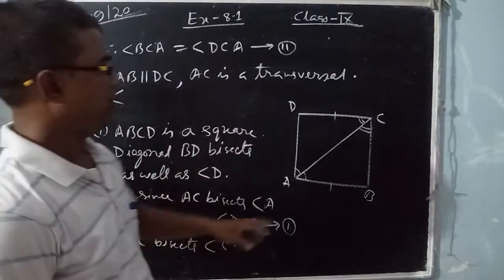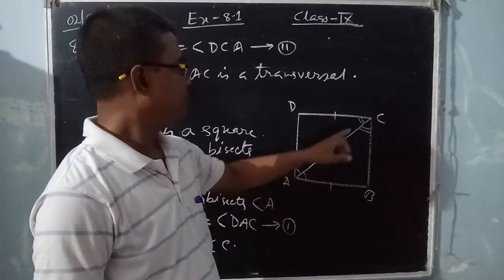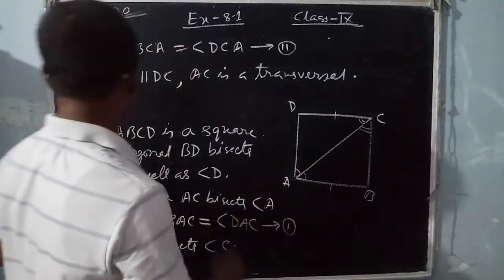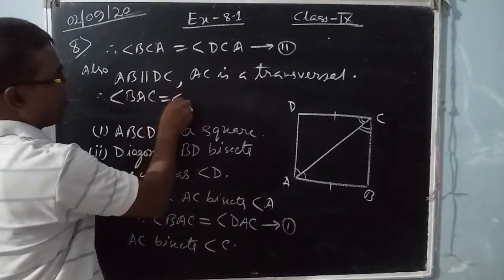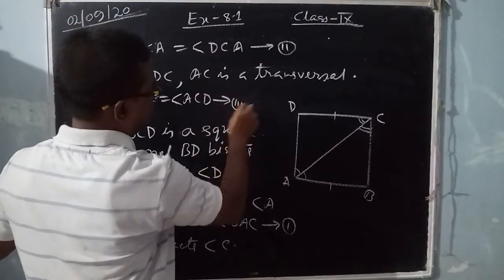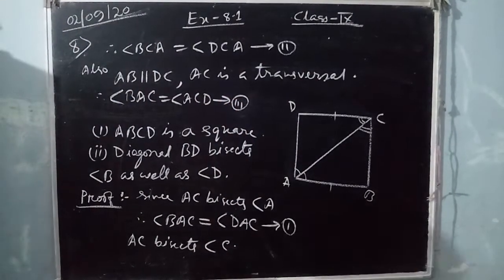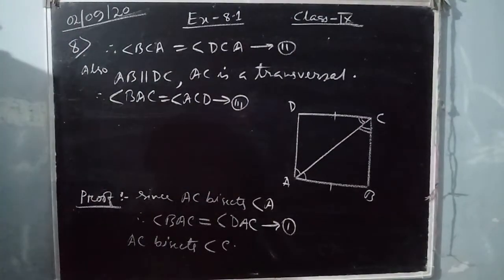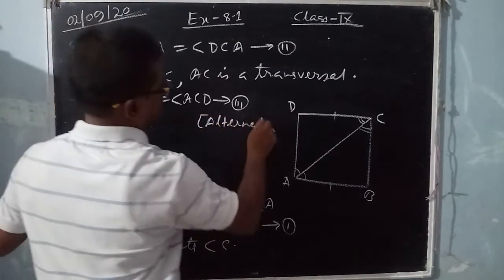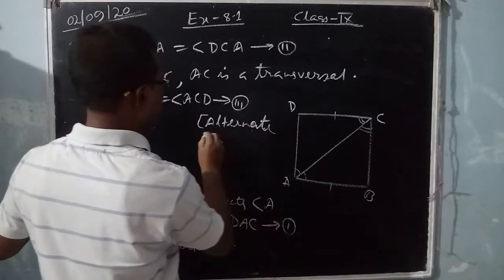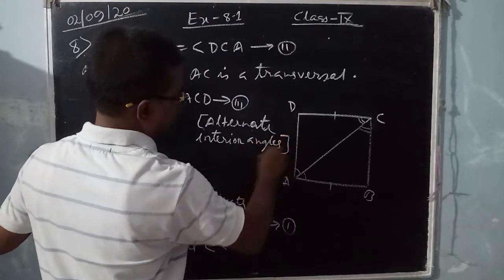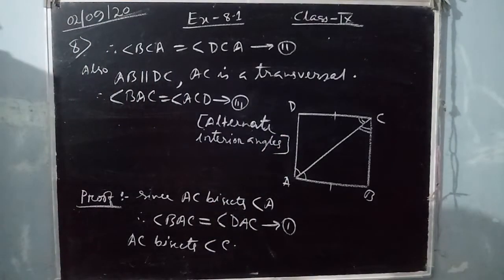Therefore angle BAC equals angle ACD, number 3, alternate interior angles. After getting 1, 2, 3, so here this equals this, we got this equals this, now this equals this.